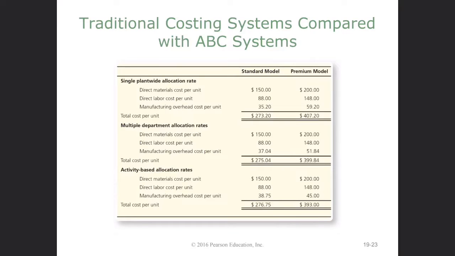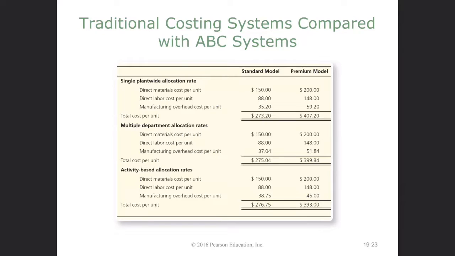Looking at the traditional costing systems compared with the ABC system, we have our standard model and our premium model. We've got a single plant-wide allocation rate. And for the single plant-wide allocation rate, we're going to take our direct materials cost per unit plus our direct labor cost per unit plus our manufacturing overhead cost per unit, and that's going to give us our total cost per unit.